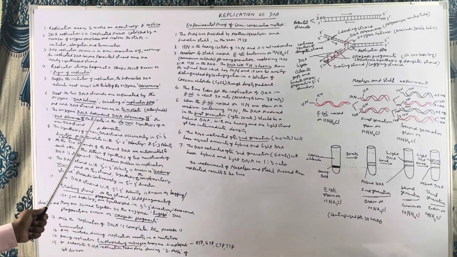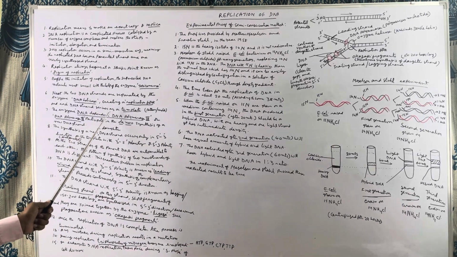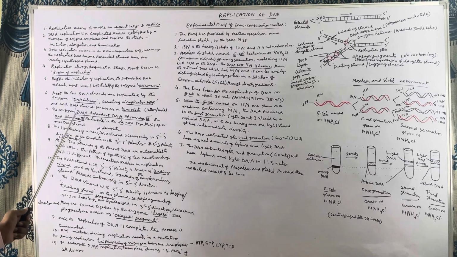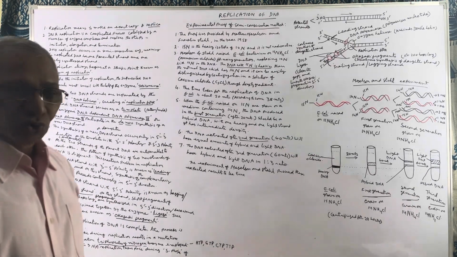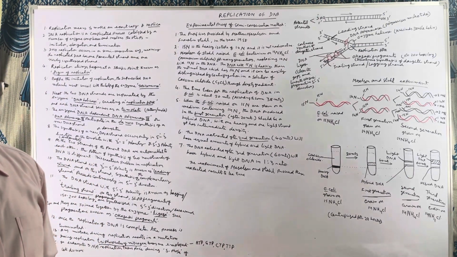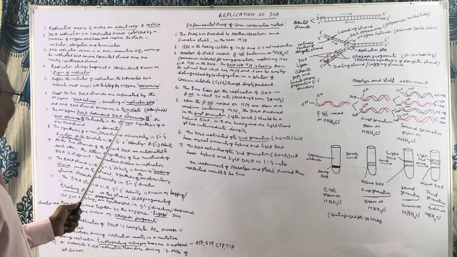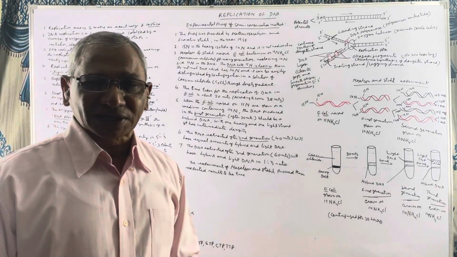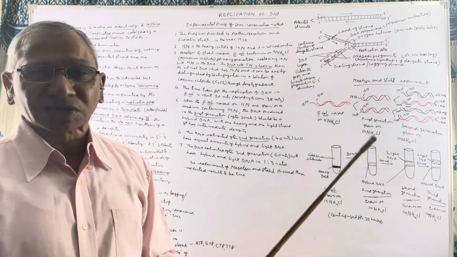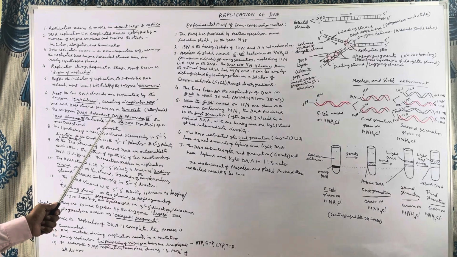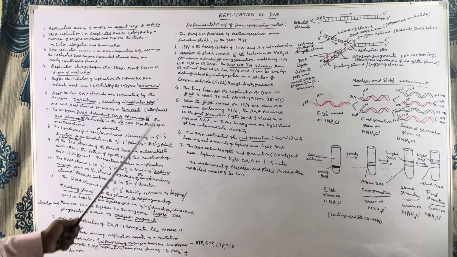The full form is DNA-dependent DNA polymerase. It can be simplified as DNA polymerase. You should not confuse this enzyme with RNA polymerase or DNA-dependent RNA polymerase. That is different. DNA-dependent RNA polymerase participates in transcription. But in replication, DNA-dependent DNA polymerase participates. And here it is the enzyme 3.